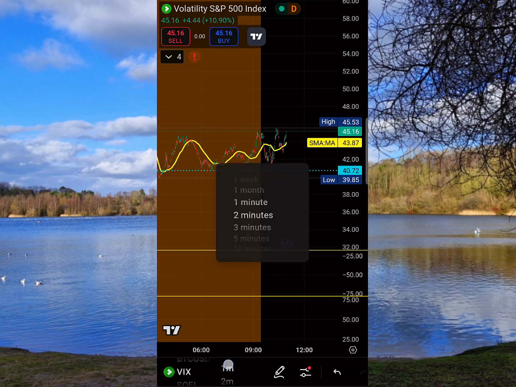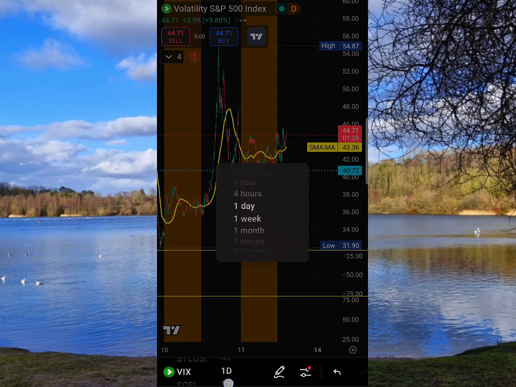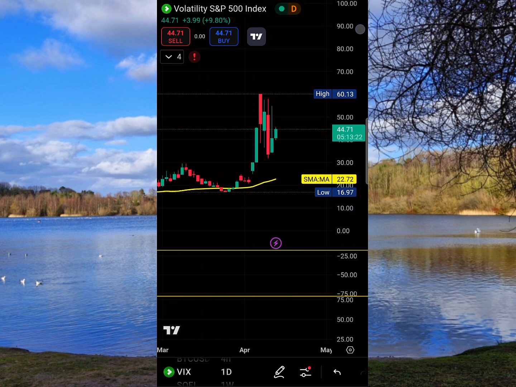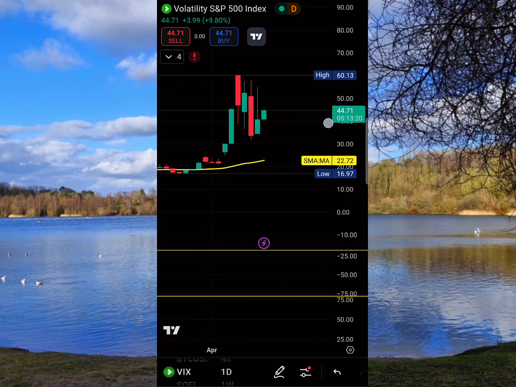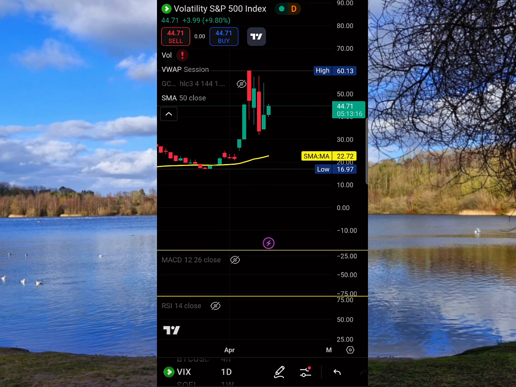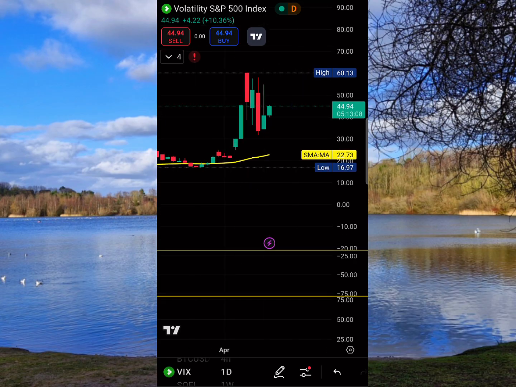That's on the 1 minute. If I go to the daily on the VIX, there you can see it's still sitting quite high and it's making its way up, so it's really volatile.